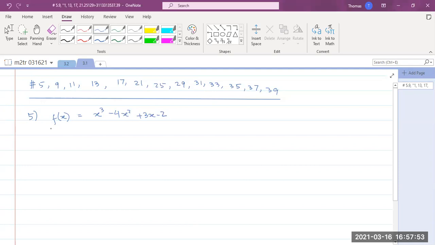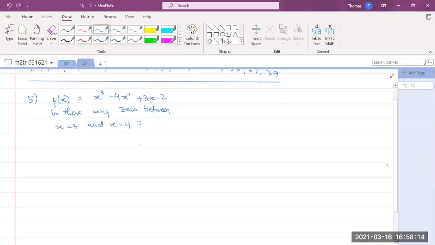And the question is, is there any zero between x equals 3 and x equals 4? We will use intermediate value theorem.